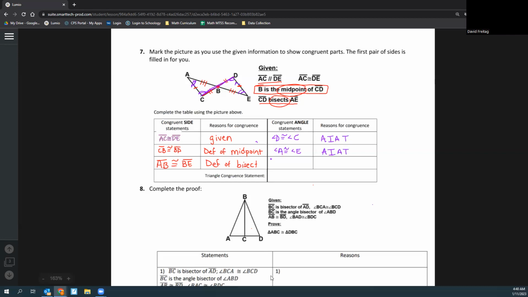The last one is angle B. Well, angle B shows up in both. And so if you look here, this angle here is going to be the same as this angle. Angle B is congruent to angle B. And that is by vertical angles theorem.